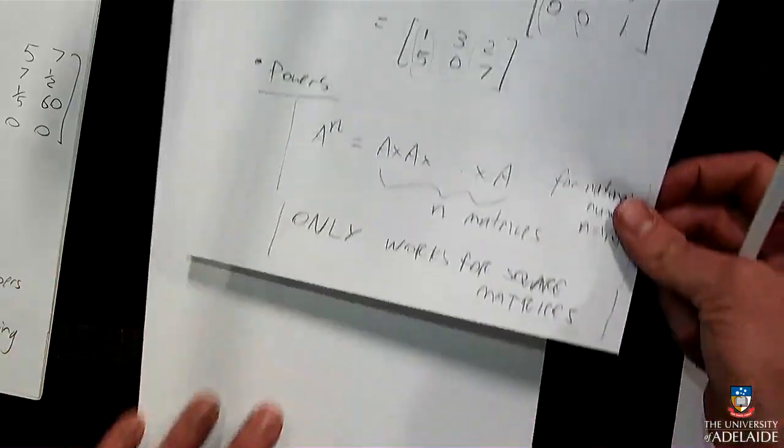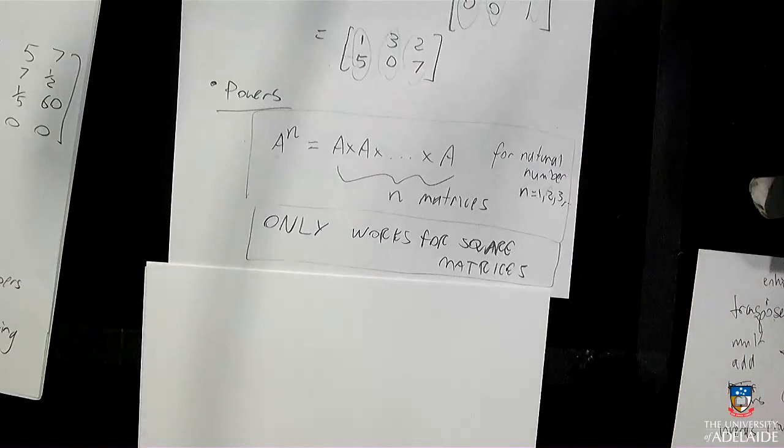Okay. All right. And that's powers. Now there's a useful trick about the way powers work, which is that I can get to A to the 5 by first getting A to the 4 and then multiplying by A. And I know that sounds stupid, but it's useful in some of the proofs that we're getting at.